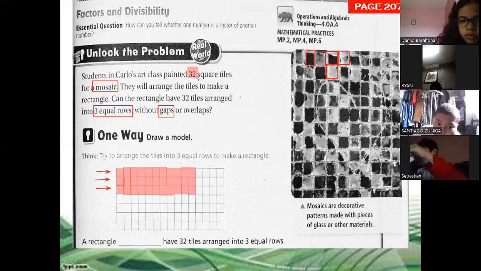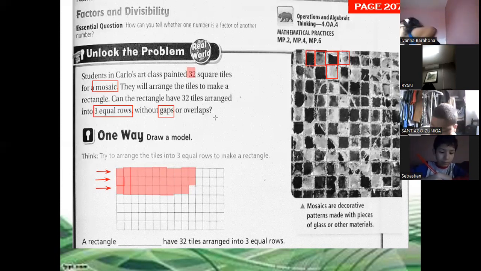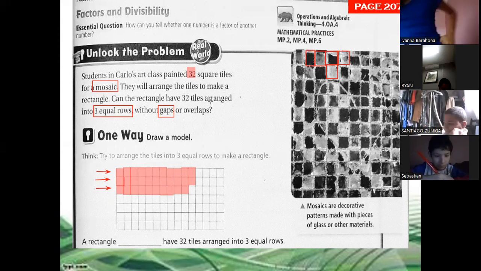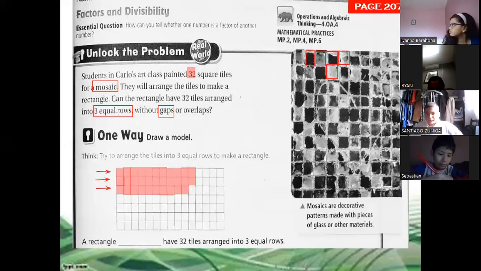But there are only 32. So it means we cannot color 3 tiles. We can color just 2. There we have 32. So that's what it says here.